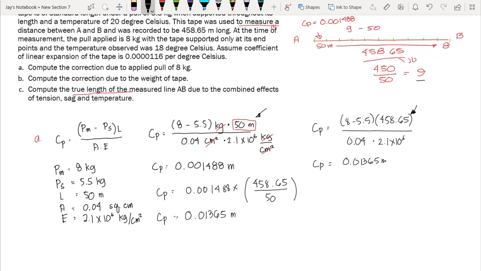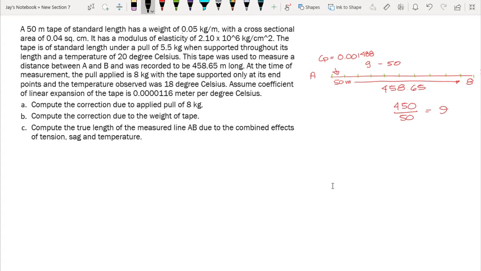So by using the entire length, which is 458.65 meters, as our L, we could arrive directly at the total correction, okay, since we have the same answer. Now take note, our answer is positive. Since we have a positive answer, therefore our measured length is 0.01365 meter too long. Okay, so ito yung excess ng ating measurement due to pull.